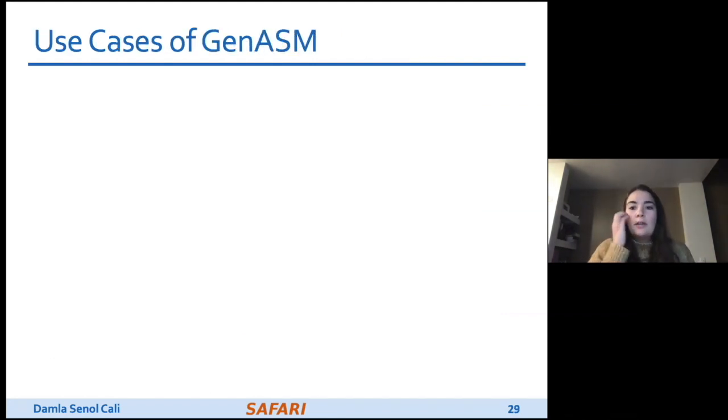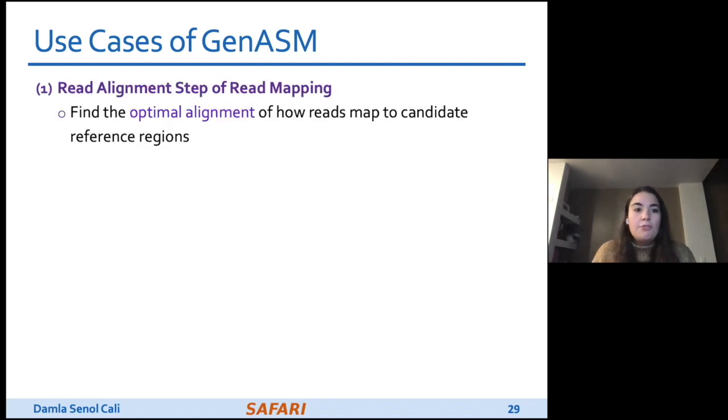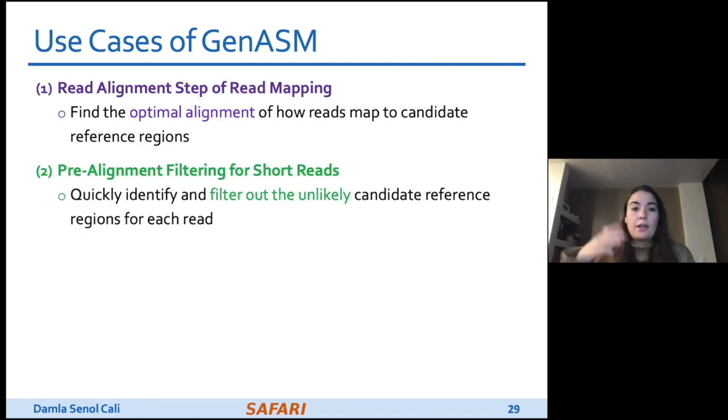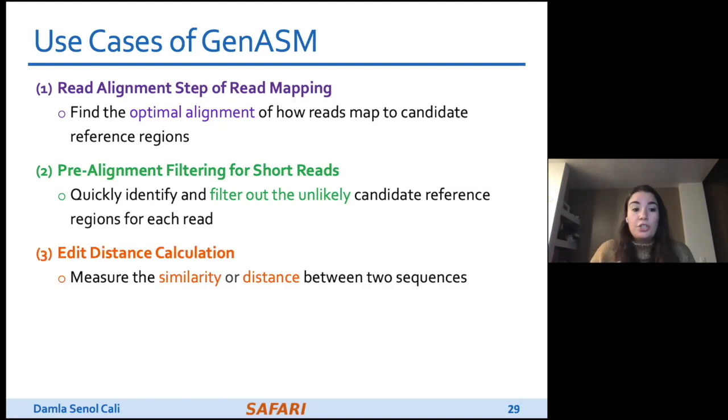So we demonstrate the efficiency and flexibility of GenASM by describing 3 use cases of approximate string matching in genome sequence analysis. Read alignment and pre-alignment filtering come from the read mapping pipeline, as I have introduced as part of the background material. And as a third use case, edit distance calculation is a very fundamental operation in genomics that measures the similarity or distance between two arbitrary length sequences.